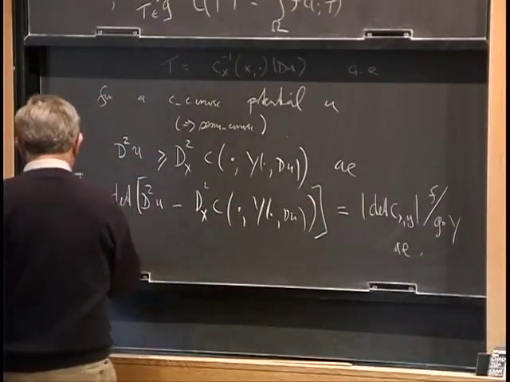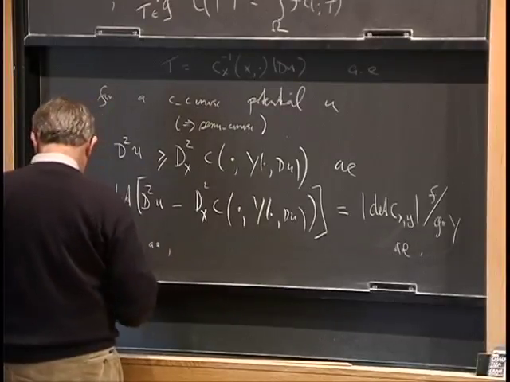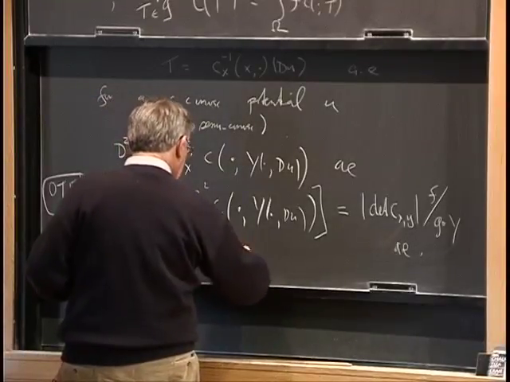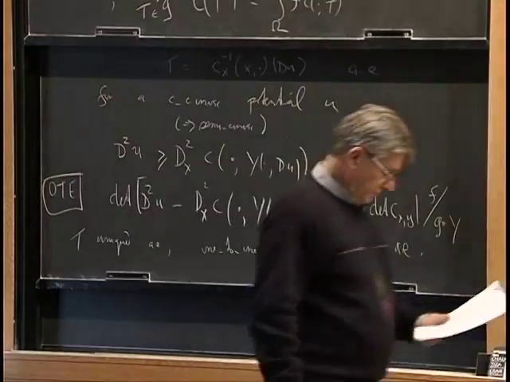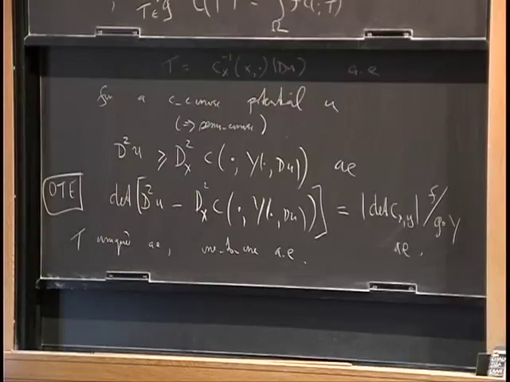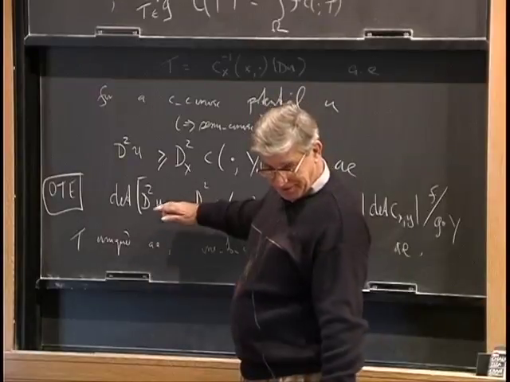And we also know that T is unique a.e., and it's also 1 to 1 a.e. Of course, an equation like this almost everywhere is absolutely meaningless.